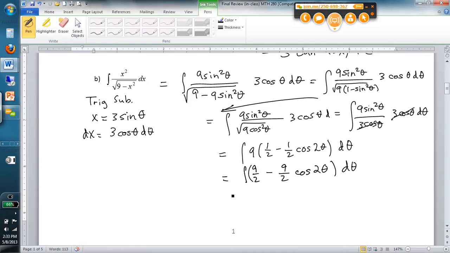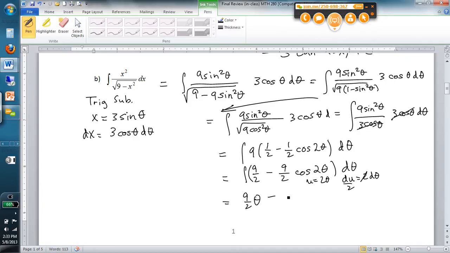the antiderivative of 9/2 is just 9/2 theta. What about the 9/2 cosine 2 theta? That's just a little u substitution. u equals 2 theta, du would be 2 d theta, so du over 2.